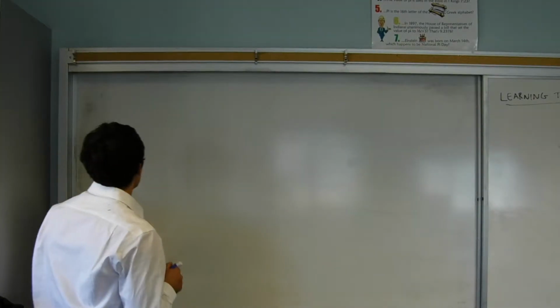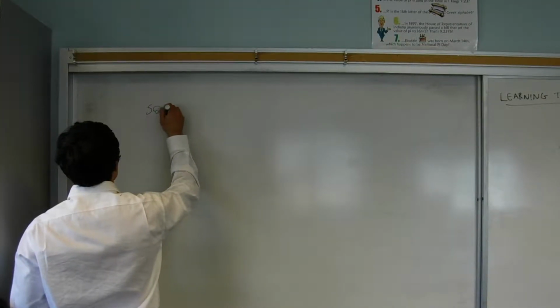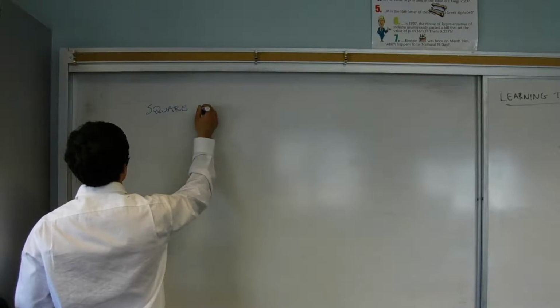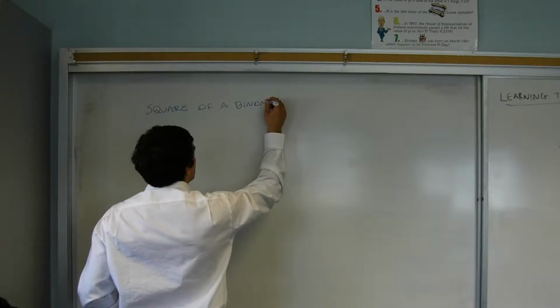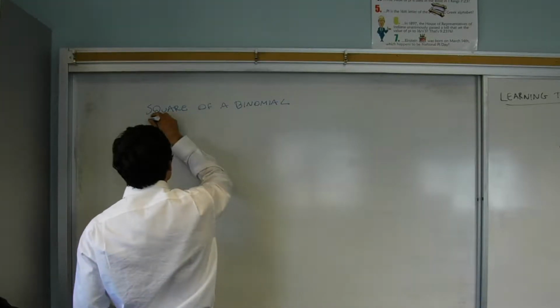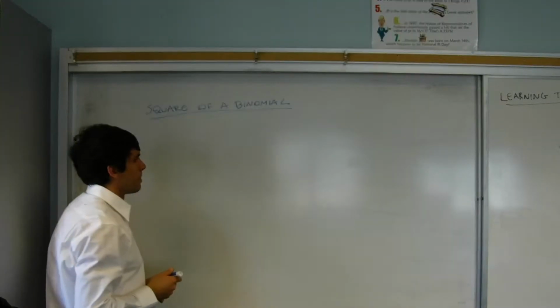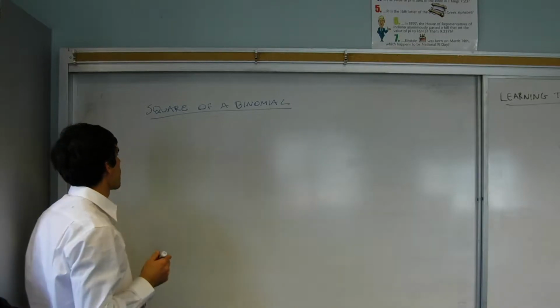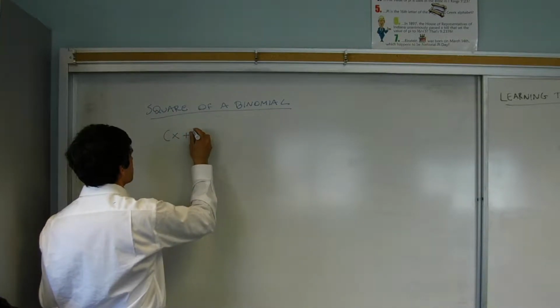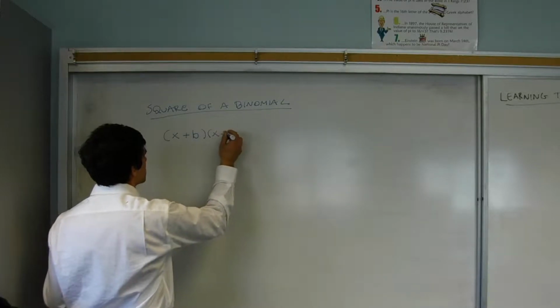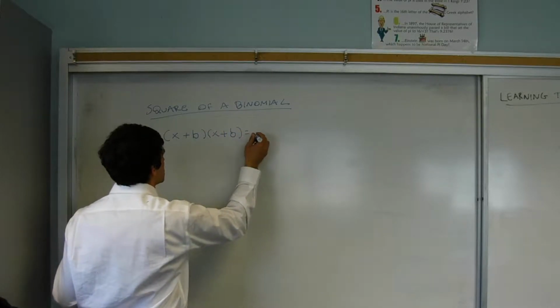So a square of a binomial would be a situation in which we have x plus b times x plus b is equal to 0.